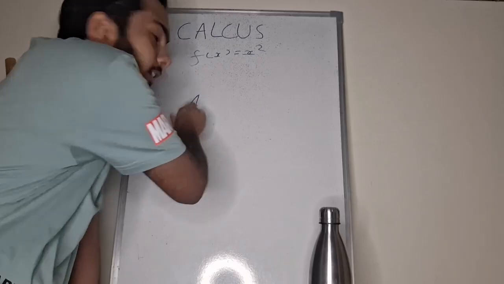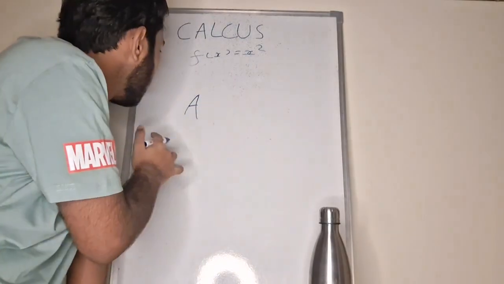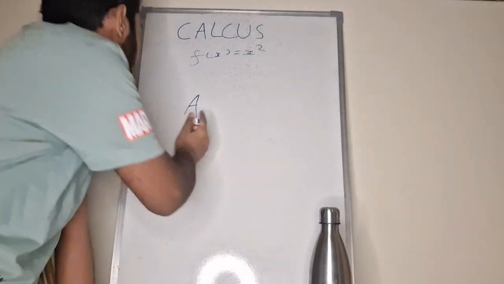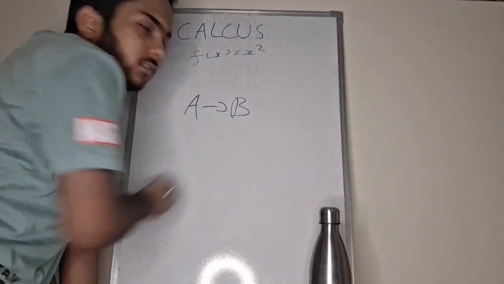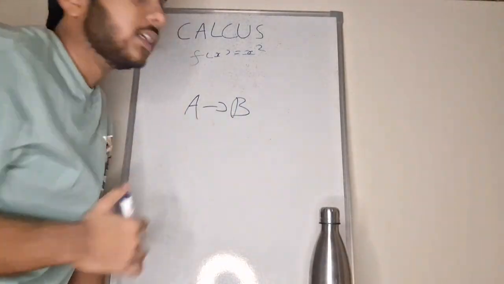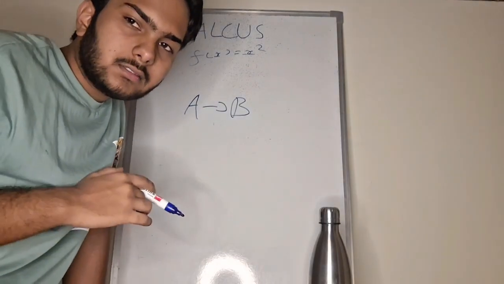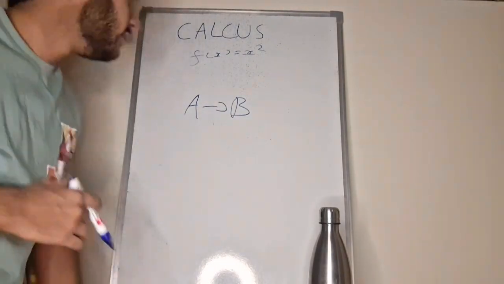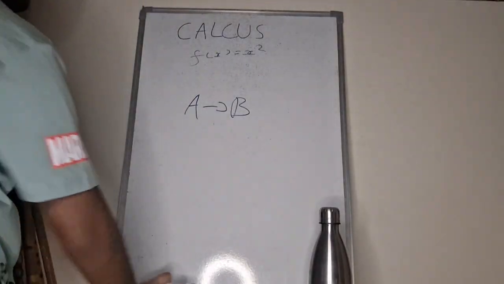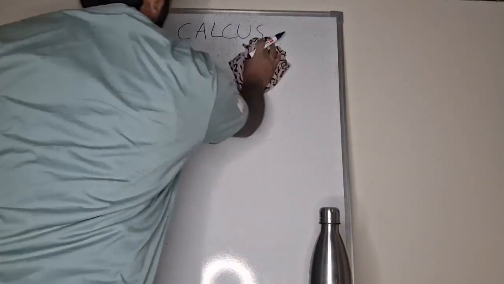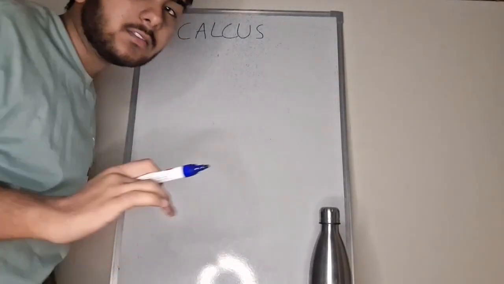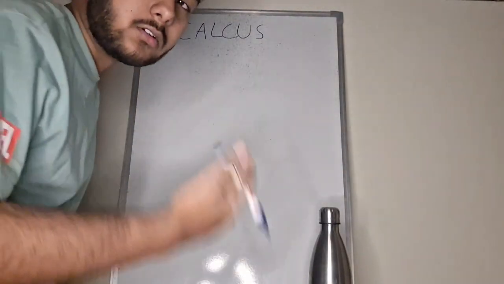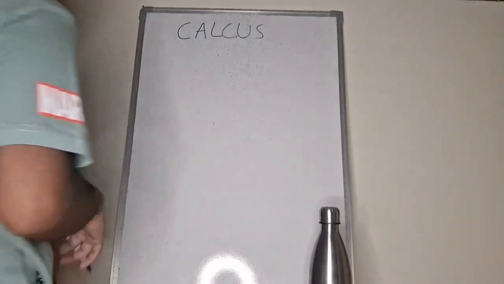If A has changed, you can't say that A has just remained A. A has changed to B by some factor. So this sounds quite paradoxical, but it is very, very deep. And here is where we introduce the concept of limits and also infinitesimals, which you probably might not have heard of.